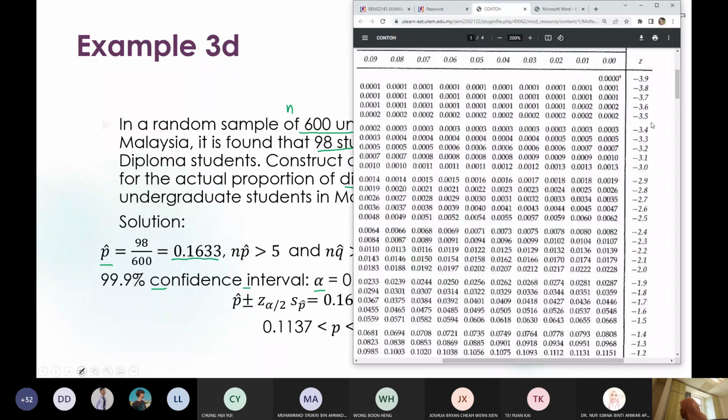Because the value is very, very small, so 3.29. We go for the value far to the left. That's why they choose 3.29 here.